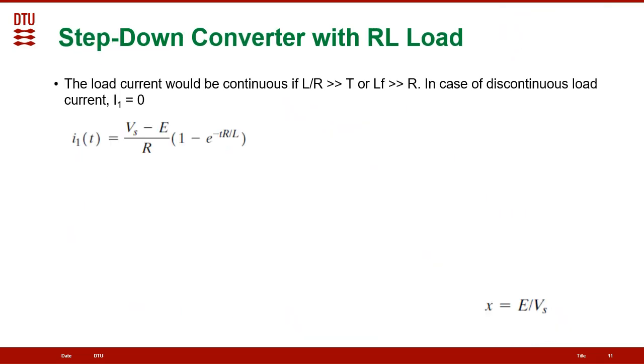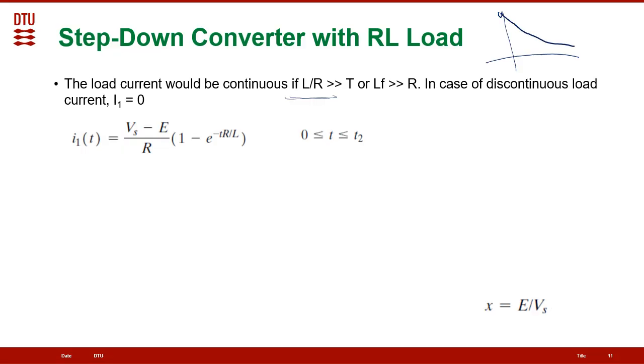So now we can see that L over R for proper operation will be larger than T. By the way, L over R is our tau. So it means that if we have the current inside the inductor, it will be like this.